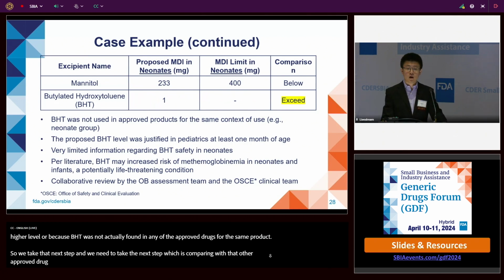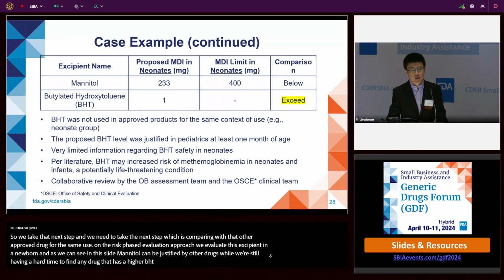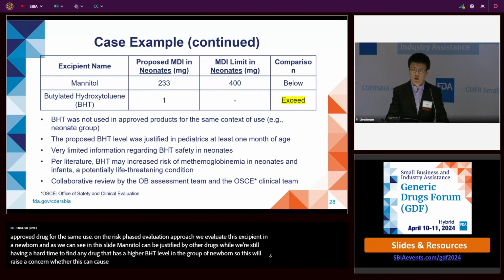As I said, based on the risk-based evaluation approach, we evaluate this excipient in a newborn. As we can see in this slide, mannitol can be justified by other drugs, while we're still having a hard time finding any drug approved before that has a higher BHT level in the group of newborns. So this raises a concern about whether this can cause a safety issue or a toxic effect in this subgroup.